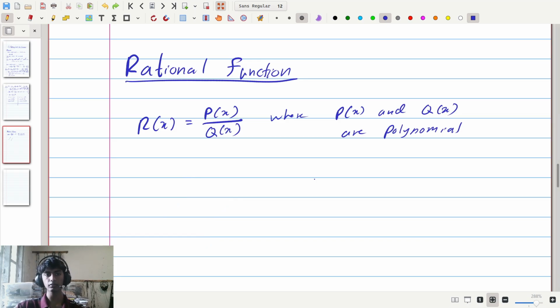So here, when we have R(x) equal to P(x) divided by Q(x), if there are certain values of x for which Q(x) is equal to 0, at those values we can expect the function R(x) to shoot up to infinity. That is an important behavior, and the points at which this happens have a special name. They are called vertical asymptotes.